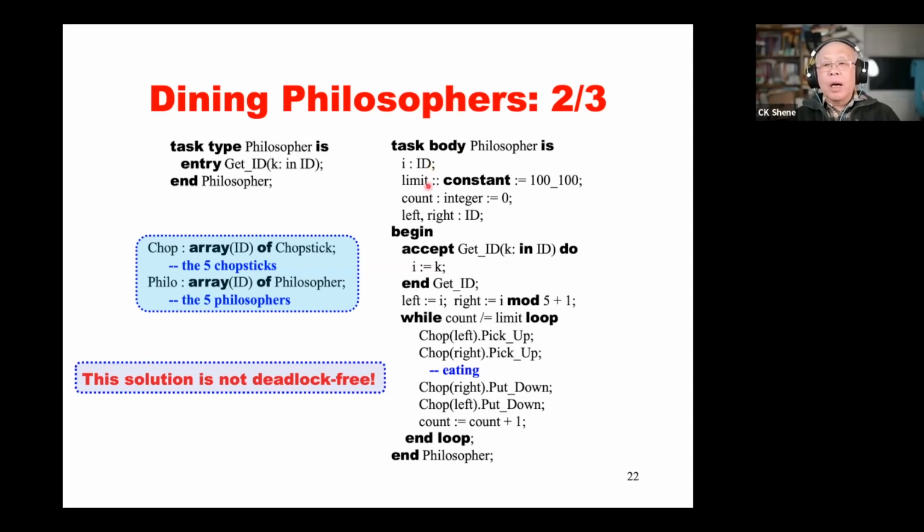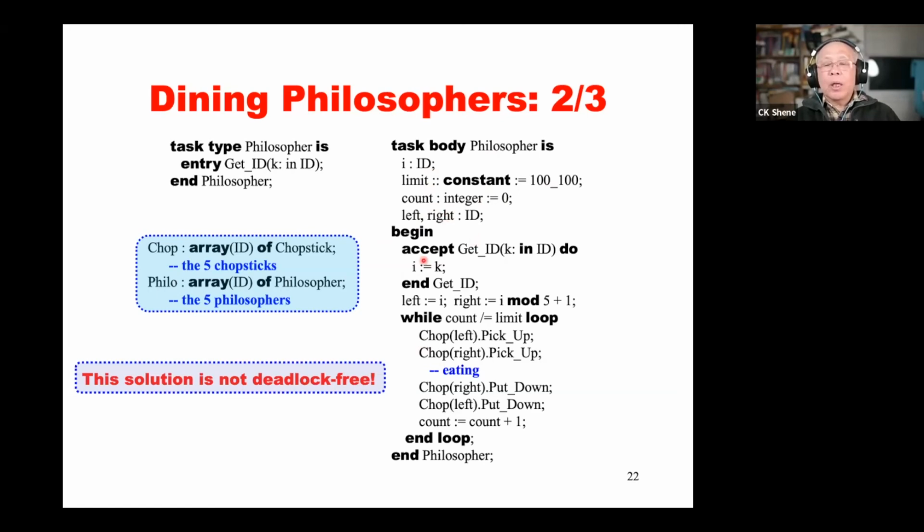Limit is a constant, it's 100,000 in European form. Rather, in the United States, we use comma. Count is an integer initialized to 0. Left and right are the left chopstick and right chopstick. So this is the task body. Begin.